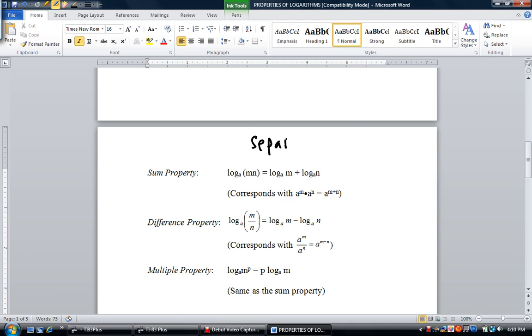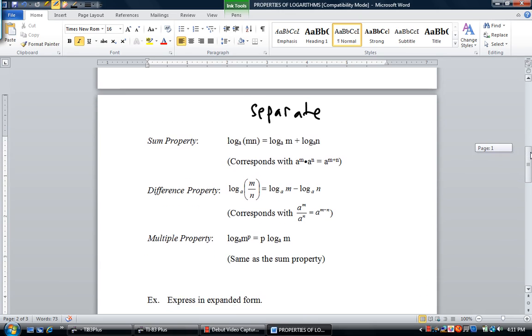You can separate a multiplication by using addition, and that corresponds with the exponent rule. When you multiply, you add. The difference property corresponds with when you divide, you subtract. So if you have division, you'll separate using subtraction. That's separating into 2 different logs. There is no distributive property for logarithms, but you can separate multiplication and division.